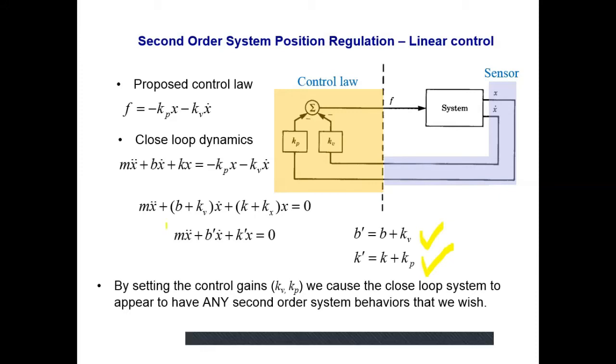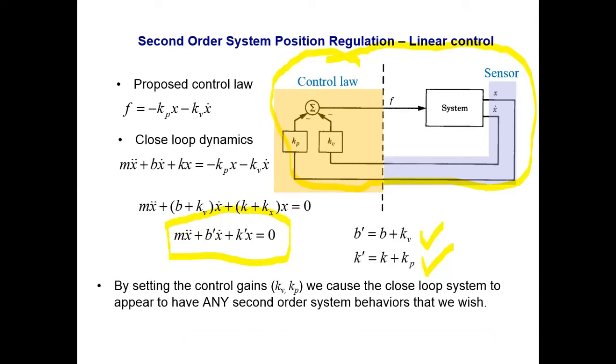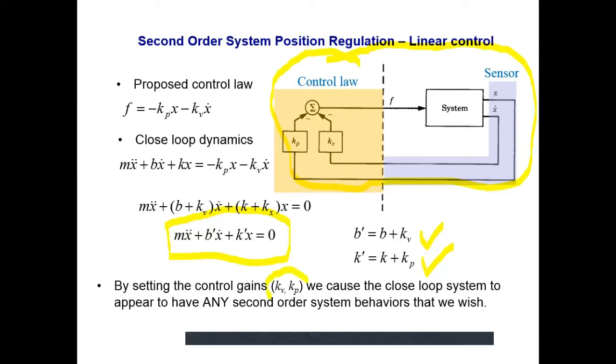So what does the new system represent? It represents that this overall closed loop system is free from any external force. So its behavior will be controlled only by the terms Kv and Kp if the system properties like mass, damping, and stiffness are constant.